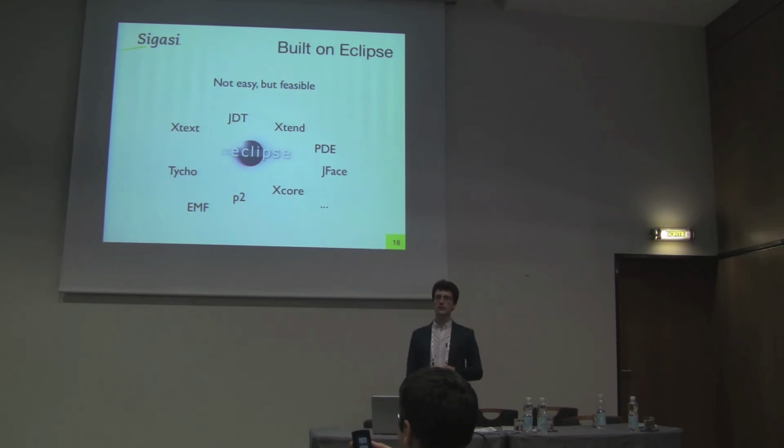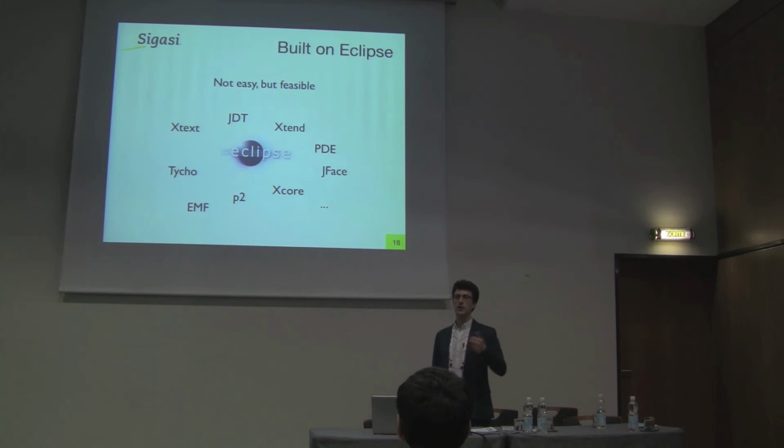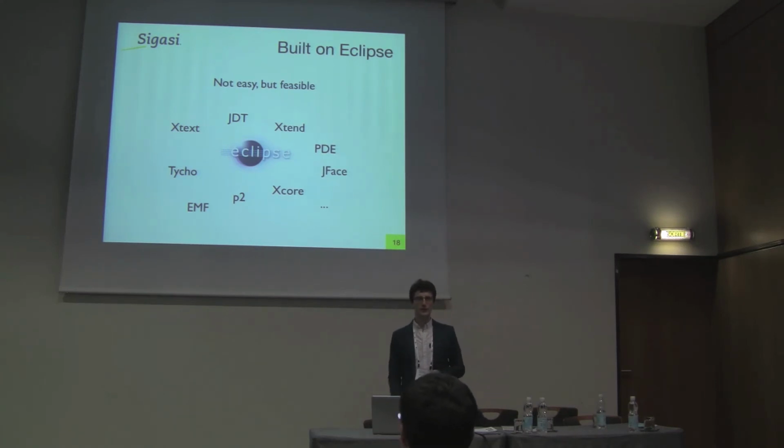Also, going to EclipseCon really helped for me. So the first version of Sigasi was not built on Xtext, but on an Antler grammar, and it was at EclipseCon that I got in contact with the Xtext guys and was like, oh, we should have used that. So we switched. Also, we had struggles with the build system, and by discussions we ended up using Tycho really soon to help with everything.